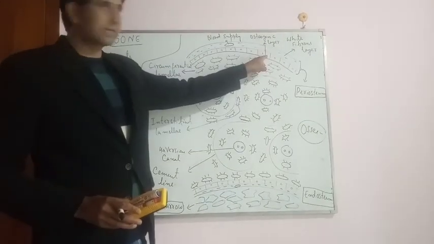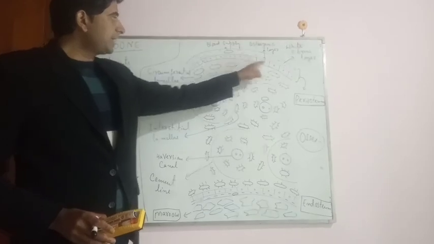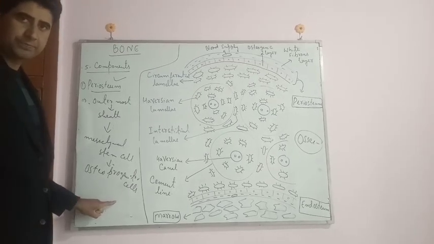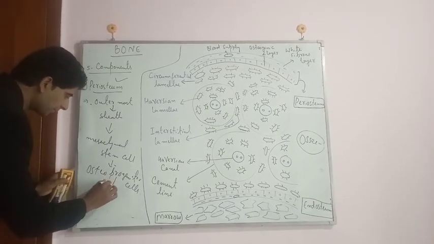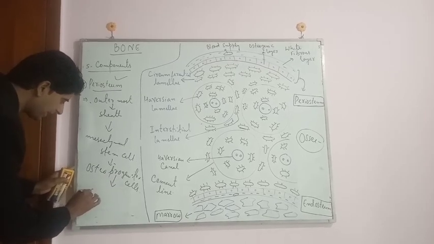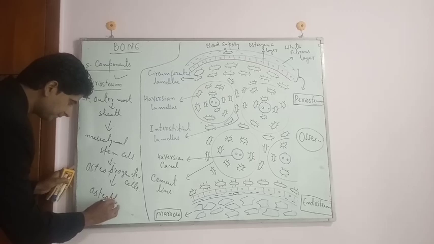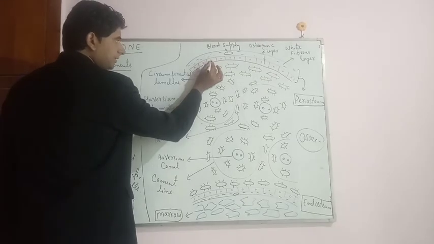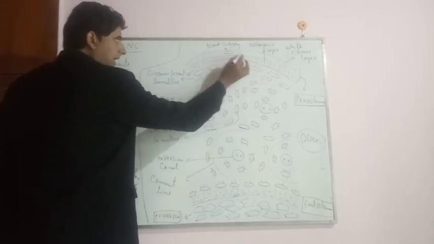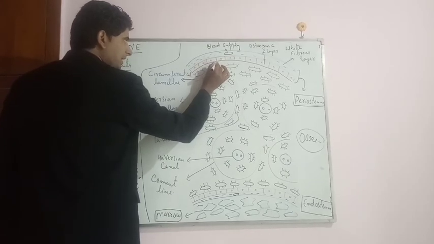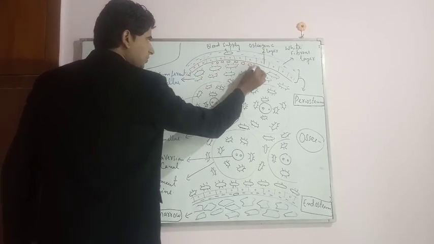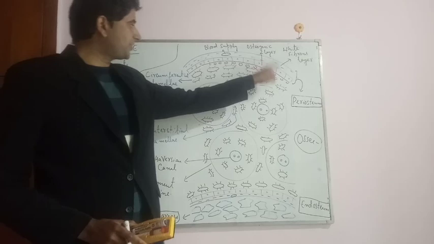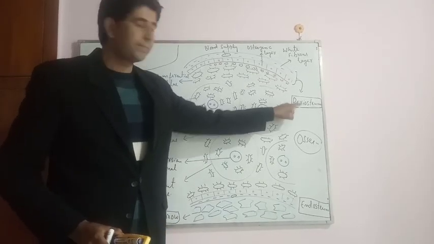So this osteogenic layer is made up of the stem cells, mesenchymal stem cells, called as osteoprogenitor cells, which upon division produce the bone forming cells called as osteoblasts. Means these mesenchymal cells of the osteogenic layer give rise to small cells called as osteoblasts, which lie just near the periosteum.